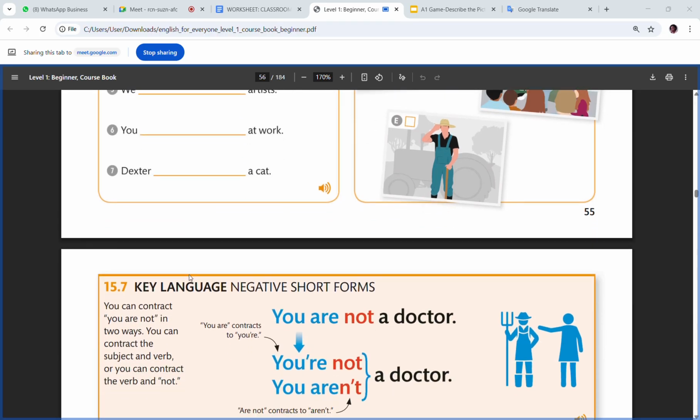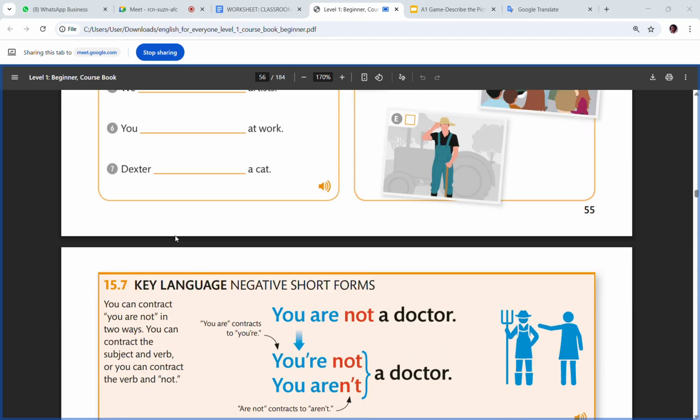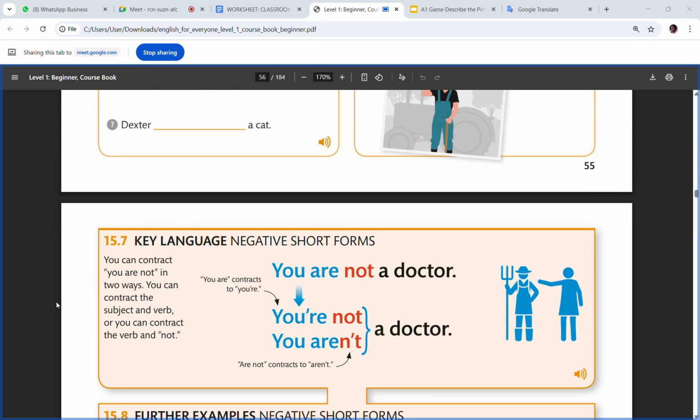Yeah. So can you see how easy it is to create the negative, okay? Especially when you work with the verb to be. Like I said in the beginning, the verb to be is a little bit different because you have to include the verb to be in your sentence, right? So let us just reinforce this again, okay?